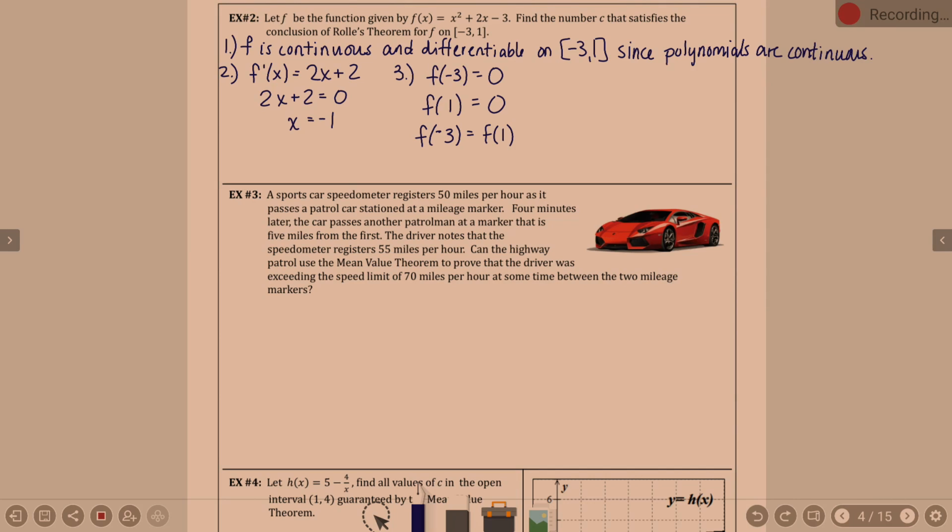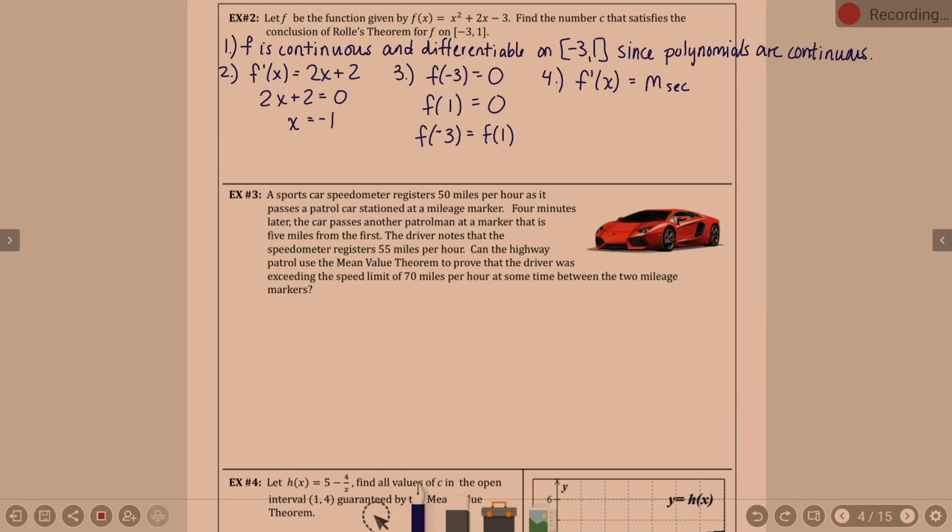So basically, and officially it says to find the number c, right? If we're trying to find the number c, we are looking for where f prime of x is going to be equal to the slope of the secant line. Well, what did we already find f prime of x to be? 2x plus 2.